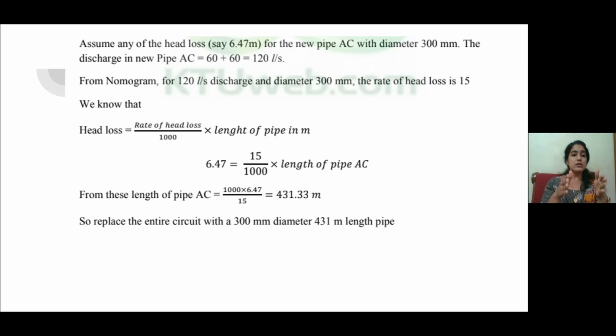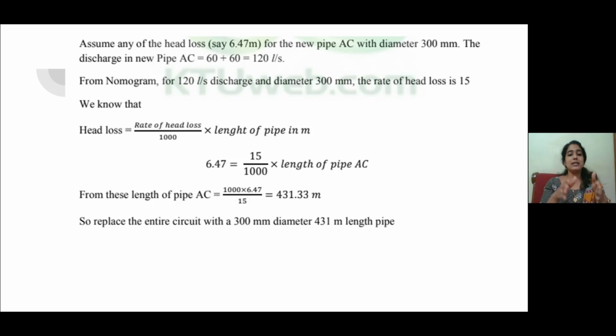Then the head loss that we already assumed as 6.47, and the rate of head loss we got from the nomogram, that is 15, divided by 1000 into length of the pipe. This is the only unknown factor that you have to calculate, the length of the pipe AC.